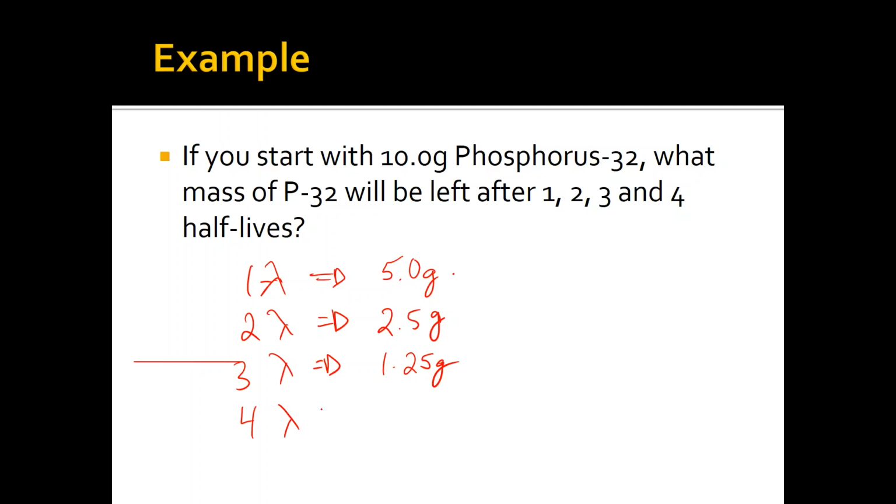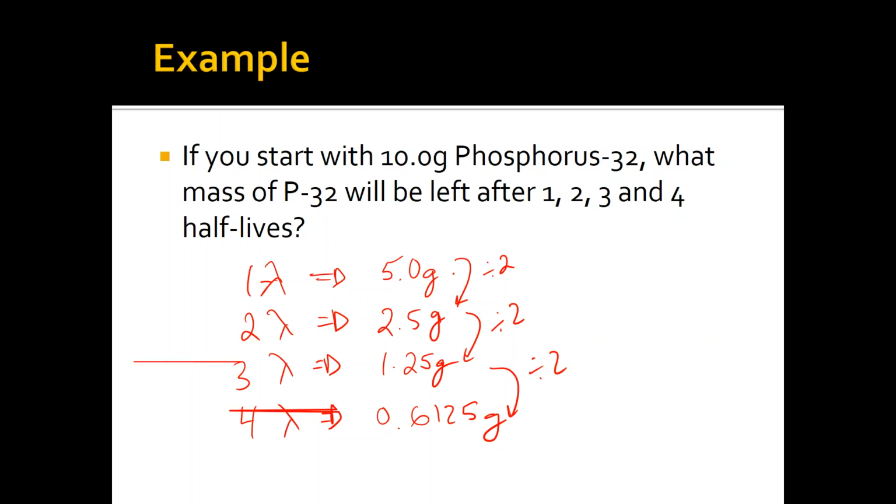And 4 lambdas? 0.625, roughly speaking. And really the pattern here is I'm just dividing it by 2 each time. Dividing by 2, dividing by 2, dividing by 2, right?